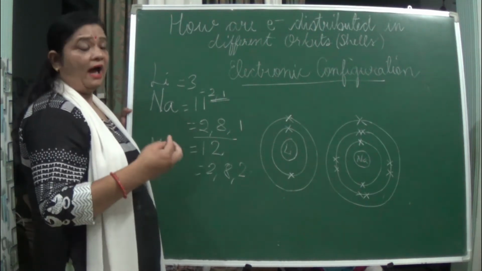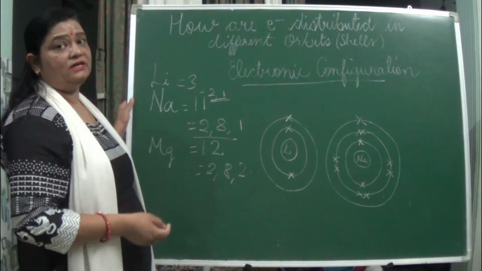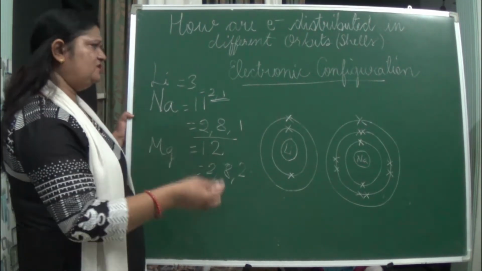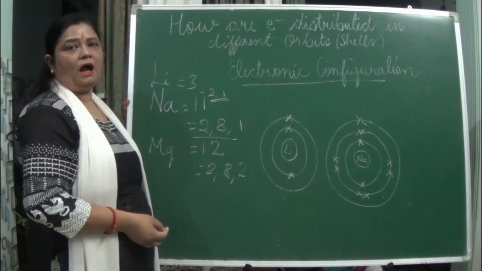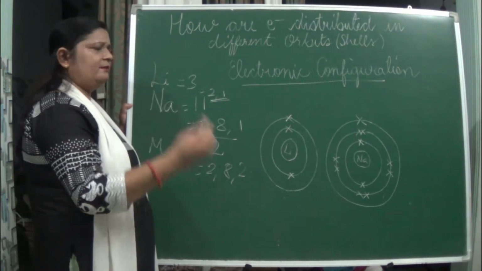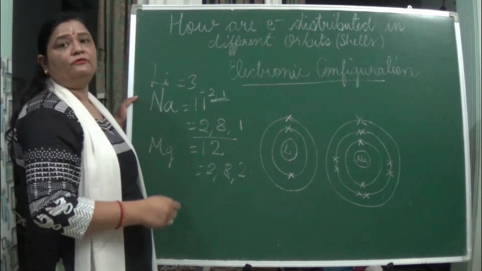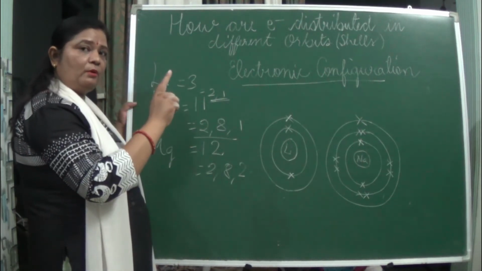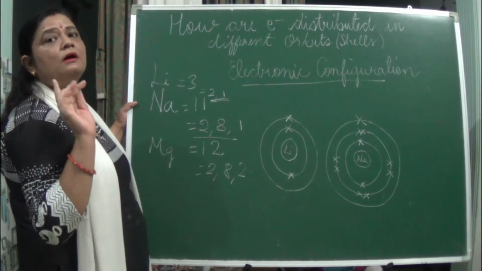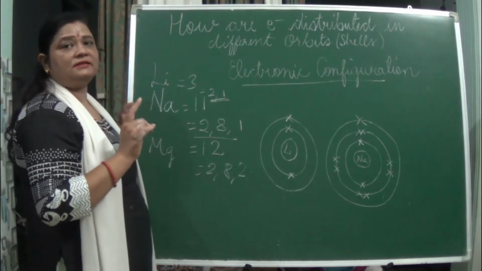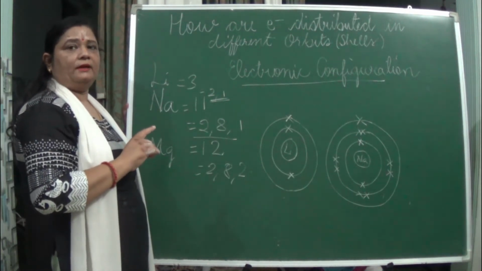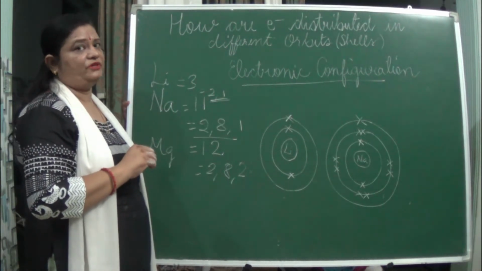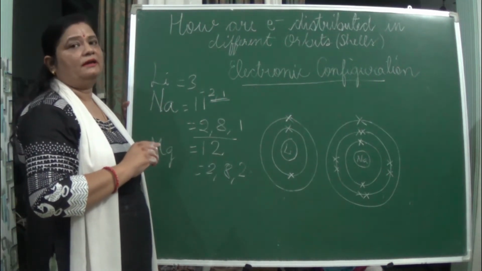In that manner you have to learn till 20, and 20 is calcium, so that you can do whichever configuration is asked, whether it is bond formation or anything, if you have learned in class 9 at least the elements with atomic number 1 to 20. It is given in NCERT. I think 19 and 20 are not given, only till 18 is given. 19 is potassium and 20 is calcium.